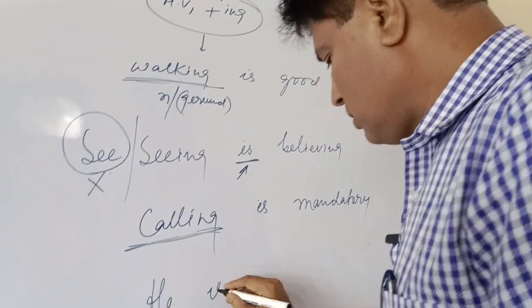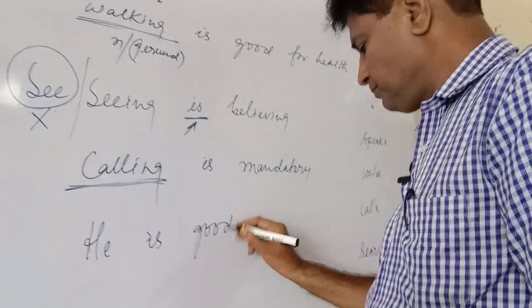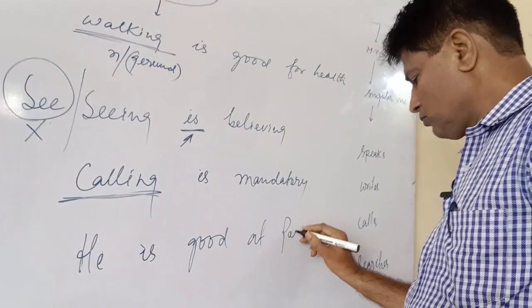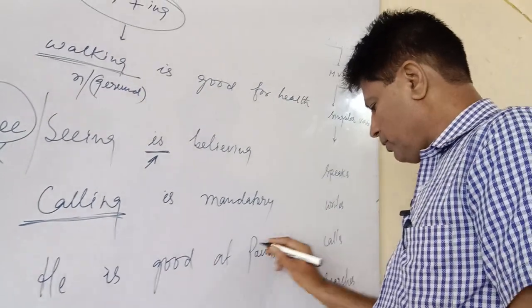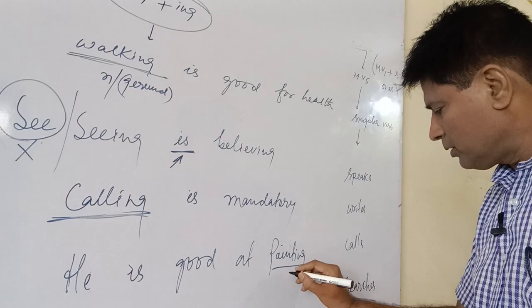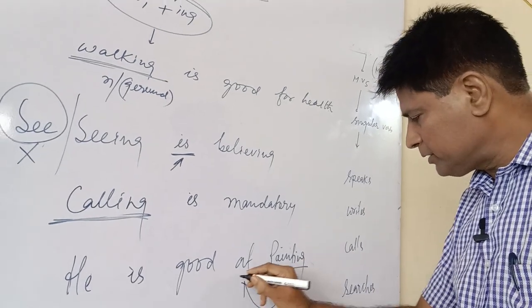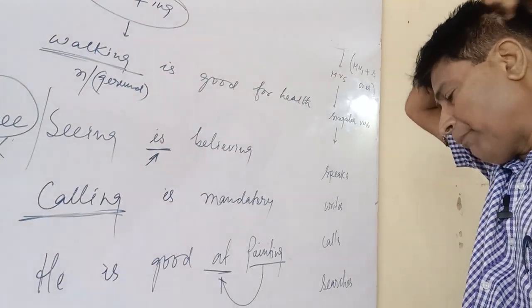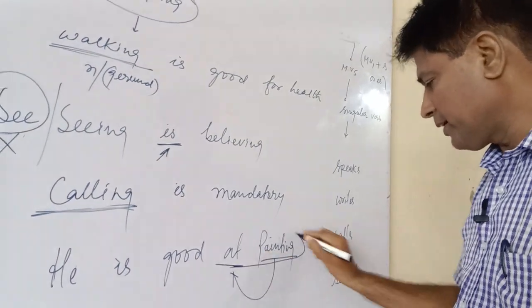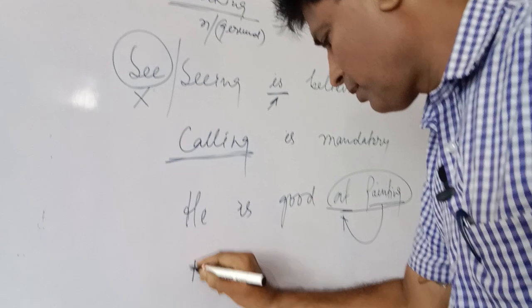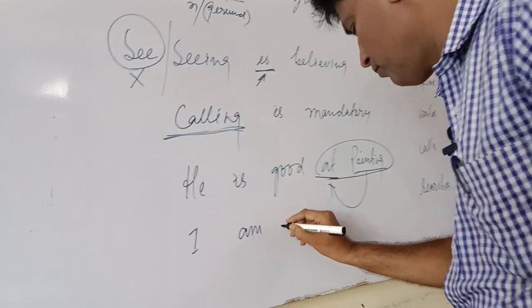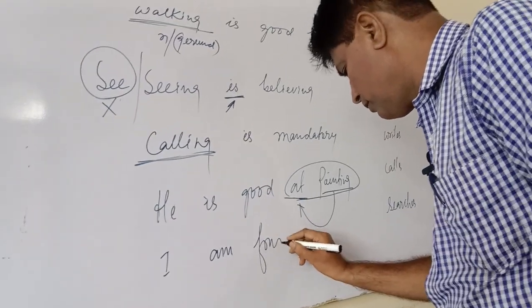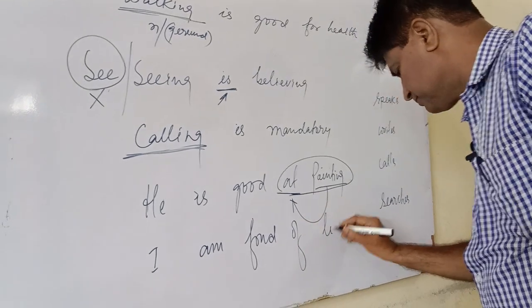He is good at painting. So before a gerund in the objective case, if you use a preposition, then it will work as a gerund for you. I am fond of listening.